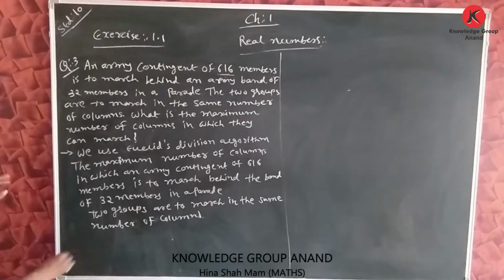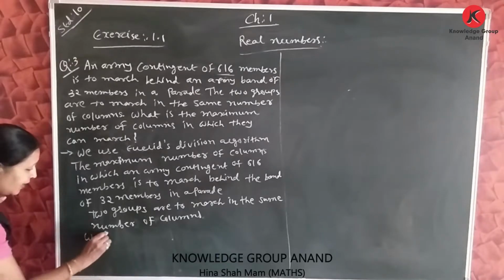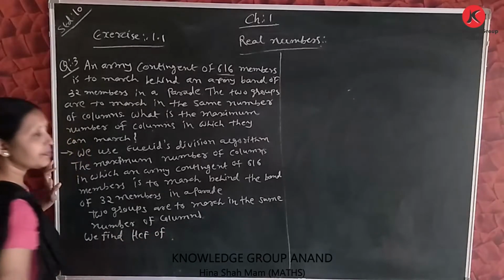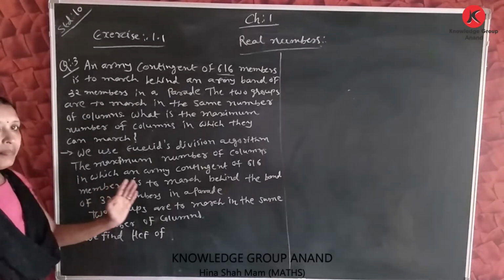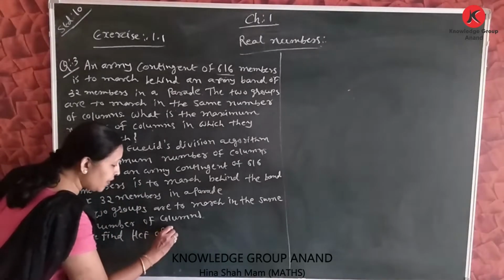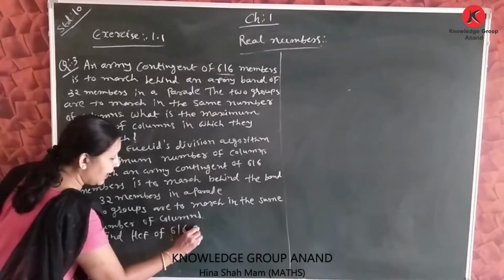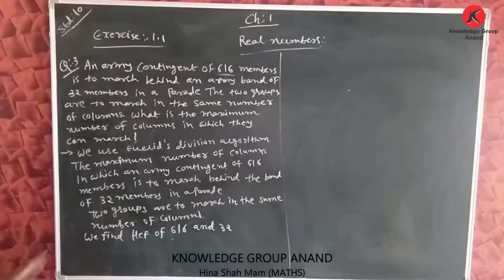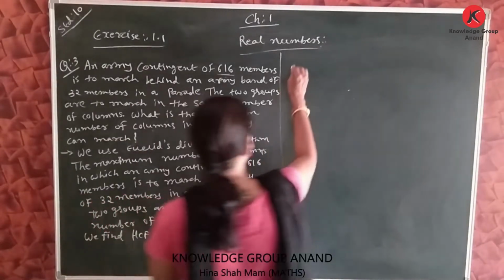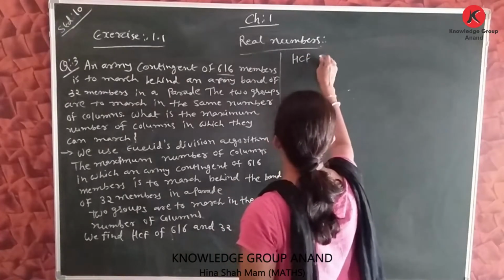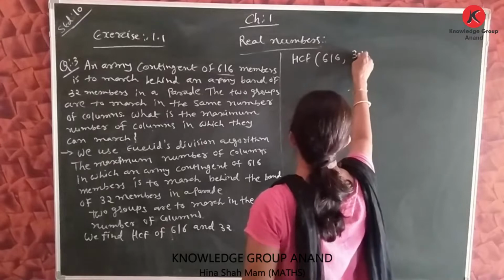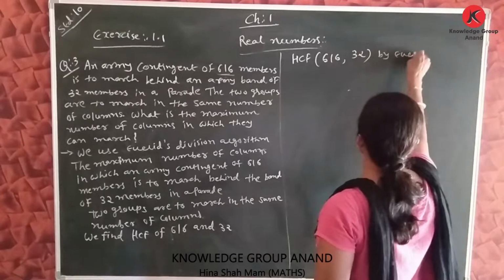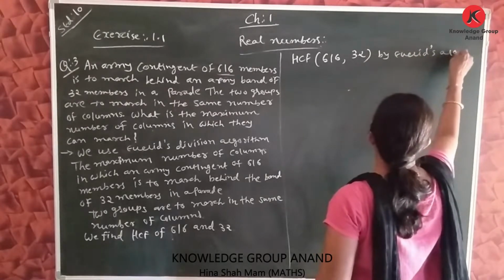Then we find the HCF. For the same number of columns, the maximum number for the two groups is the HCF of 616 and 32, by Euclid's algorithm.